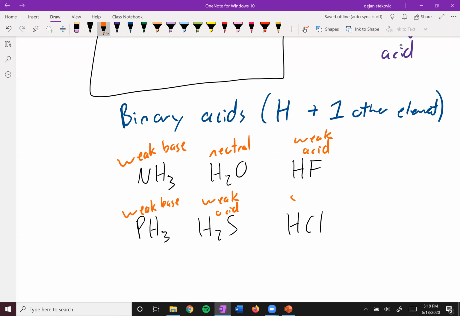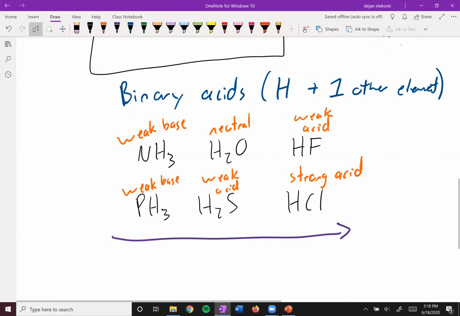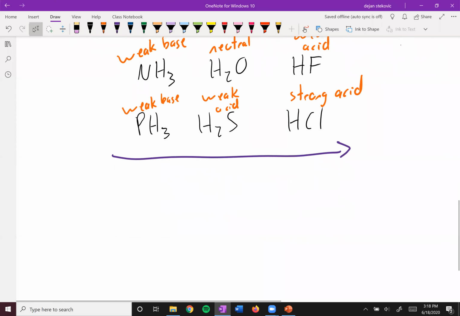And then HCl is a strong acid. So again, when we go from left to right, we see an increase in acid strength due to this difference in electronegativity. And again, it's all about making this H, whatever it's bonded to, bond weaker.